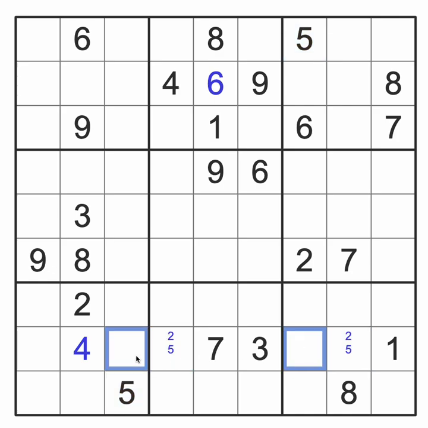And that gives me 3 numbers that I can use for these 3 cells, which will be 6, 8, and 9. And this cell is blocked by 6 and 8. So it is 9. Now I have 6, 8 double here.